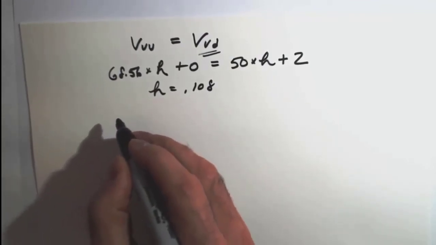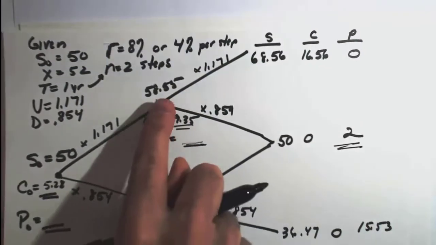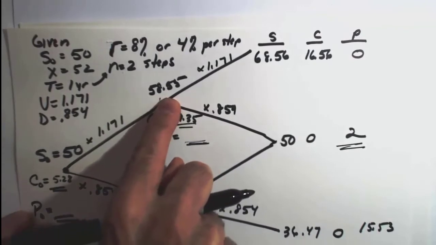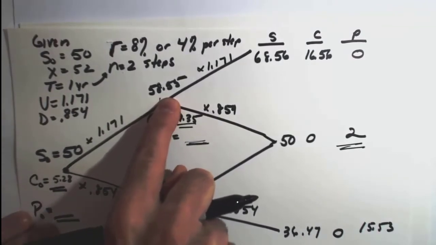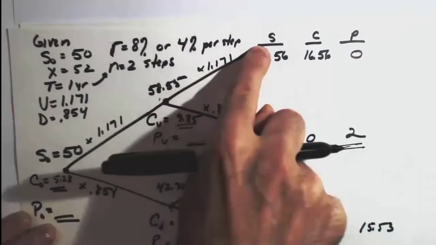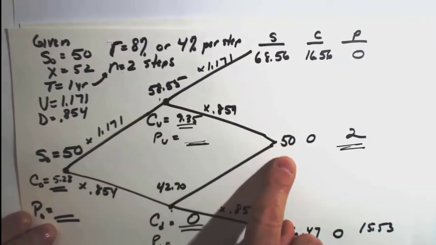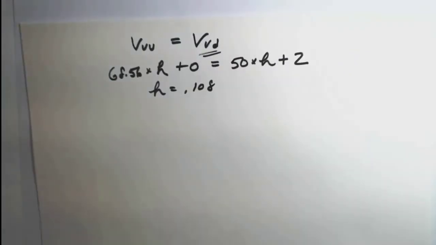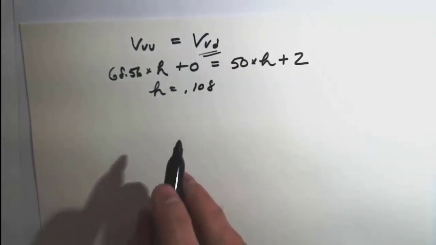Now form a riskless portfolio right at this point in time on this node. What is the riskless portfolio? This protective put. No matter what happens, if the stock goes up or the stock goes down, it pays off the same amount. If it pays off the same amount, there's no risk to it. That's why it's a risk-free portfolio.